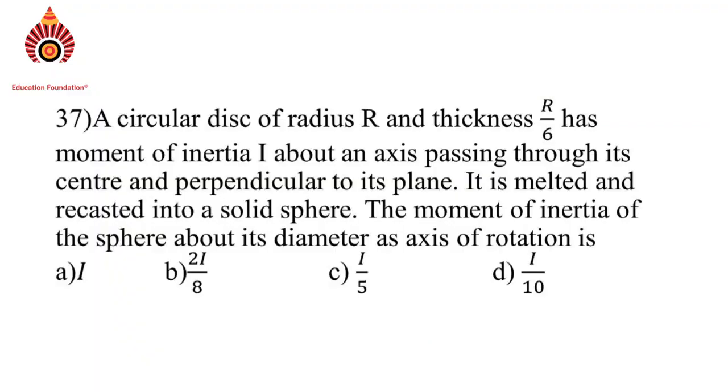Question number 37. A circular disc of radius r and thickness r by 6 has moment of inertia I about an axis passing through its center and perpendicular to the plane. It is melted and recast into a solid sphere. The moment of inertia of the sphere about its diameter as axis of rotation is?